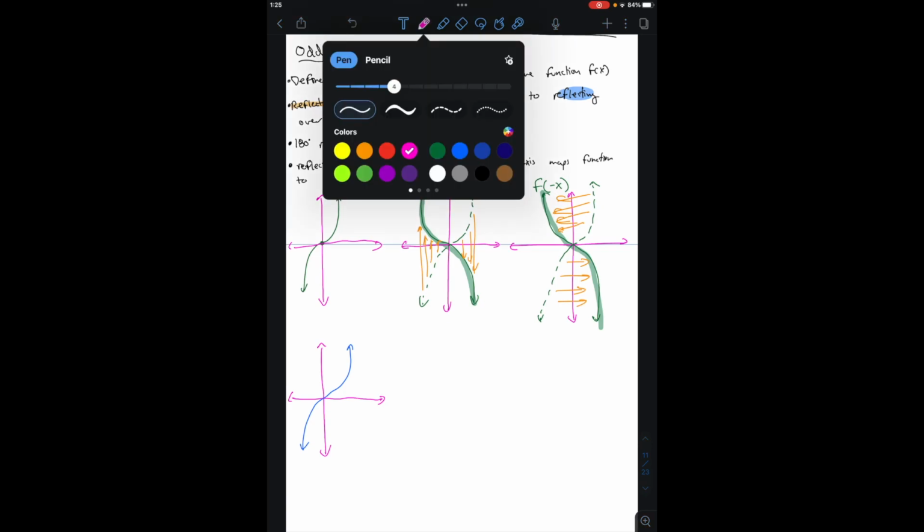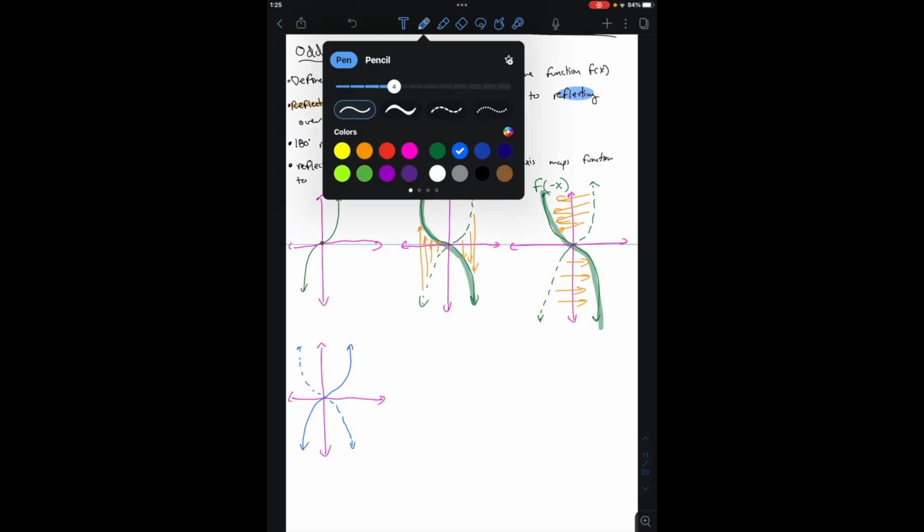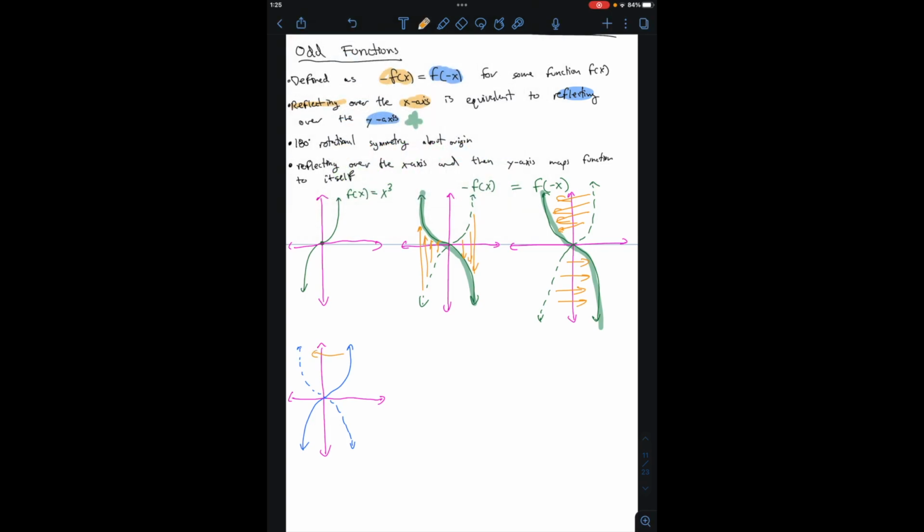So first I reflect it over the y-axis, or it could be the x-axis, and I get to here. So say I reflect it over the y, and then afterwards I go and reflect it over the x. Well, I'm going to end up right back where I started. Okay, so that's another definition here.